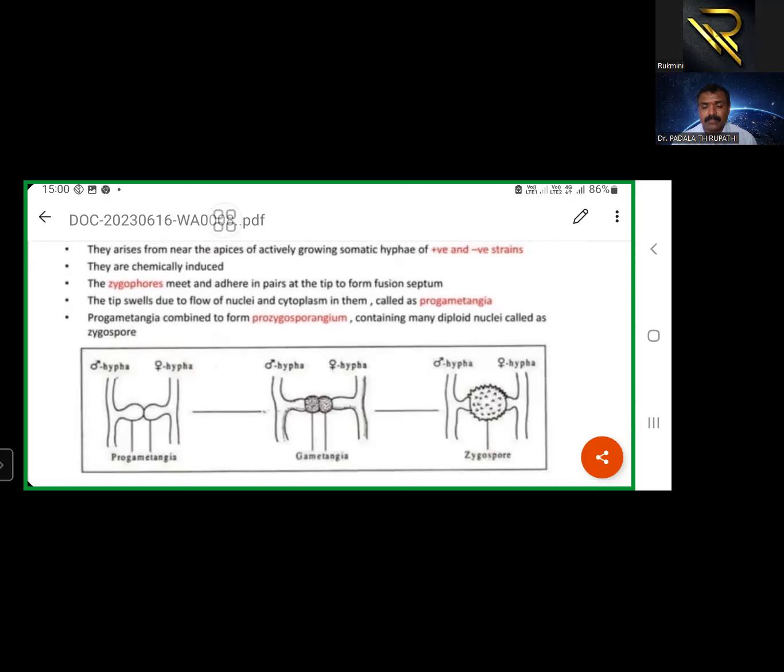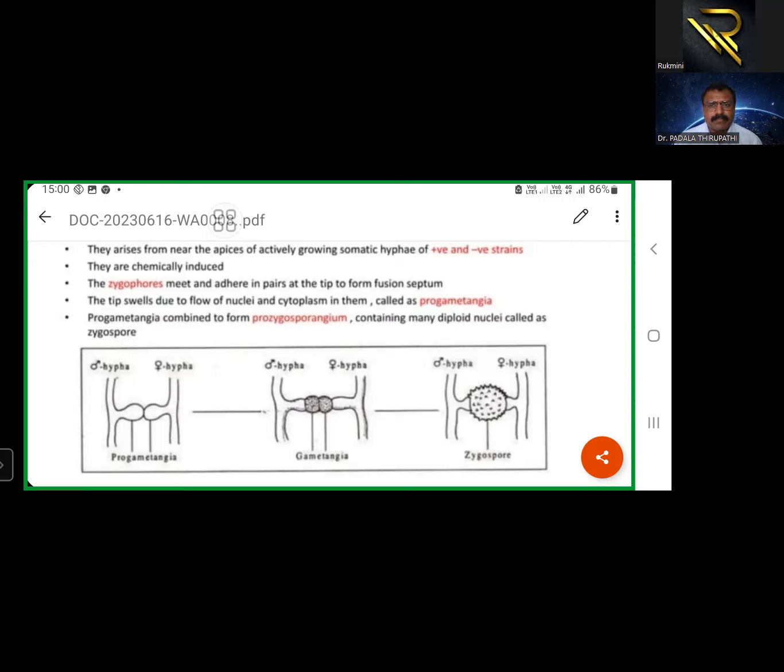For this, some hormones are required. This was reported by an American biochemist. Those hormones induce the development of these gametangia. That scientist's name is Burgess.